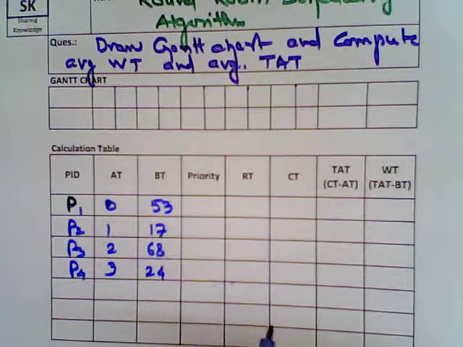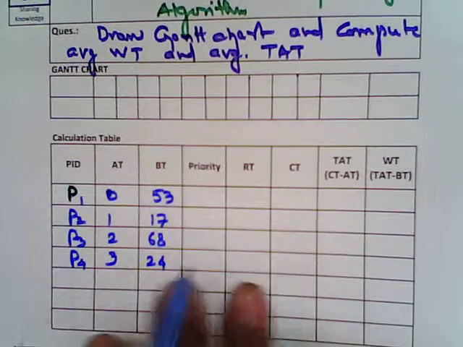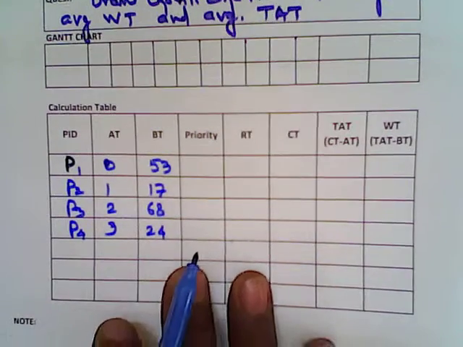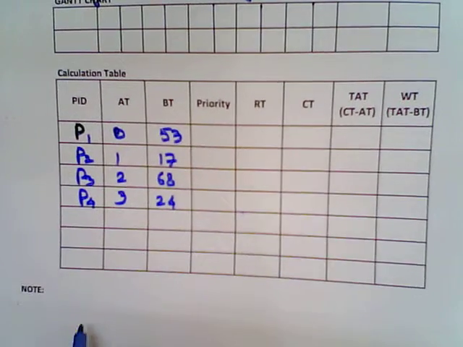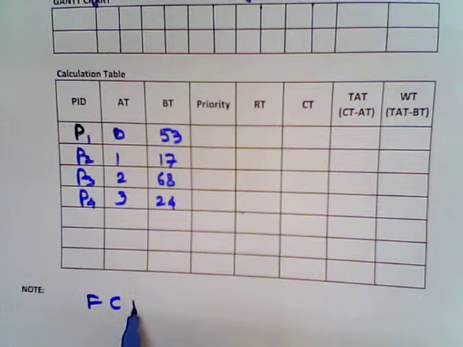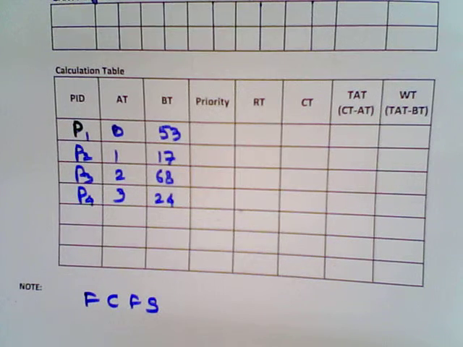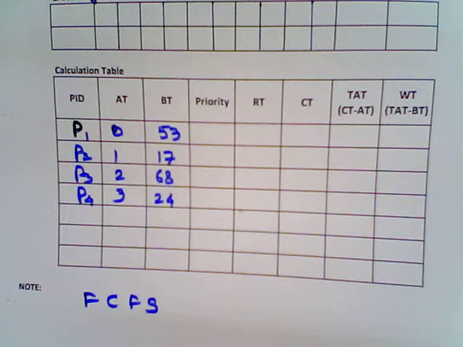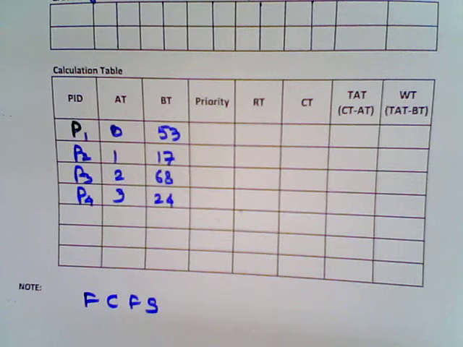Moreover, this scheduling algorithm is very close to FCFS scheduling algorithms, which you might have observed in my earlier video slides where I discussed FCFS and its numerical problems. FCFS stands for first come, first serve scheduling algorithm.